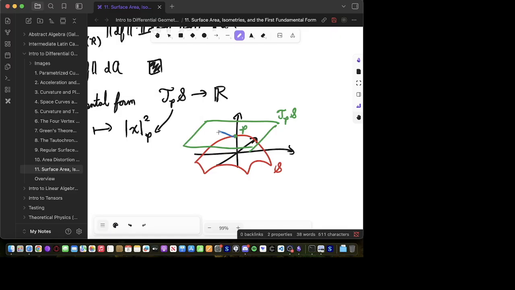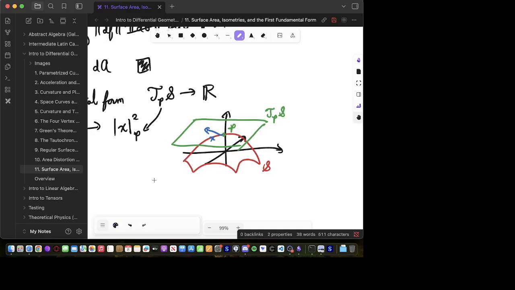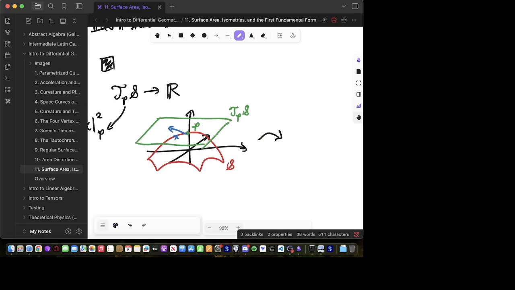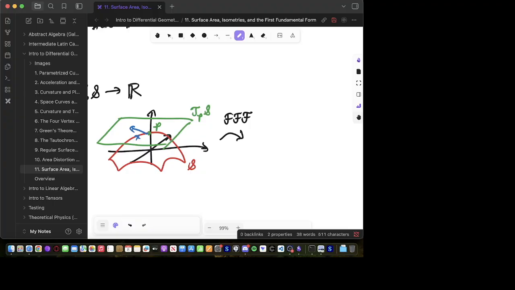If we have a vector x, the first fundamental form takes us from x to, oh, that's a bad drawing.